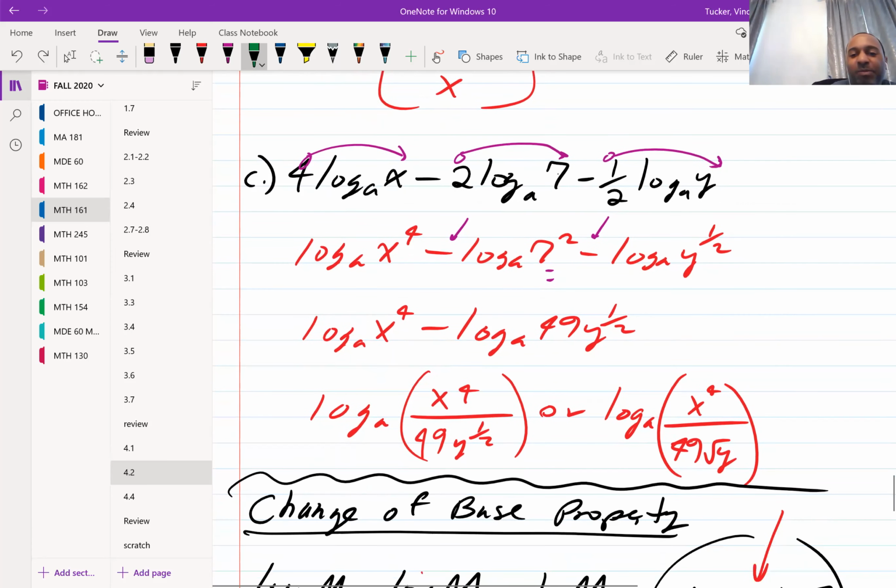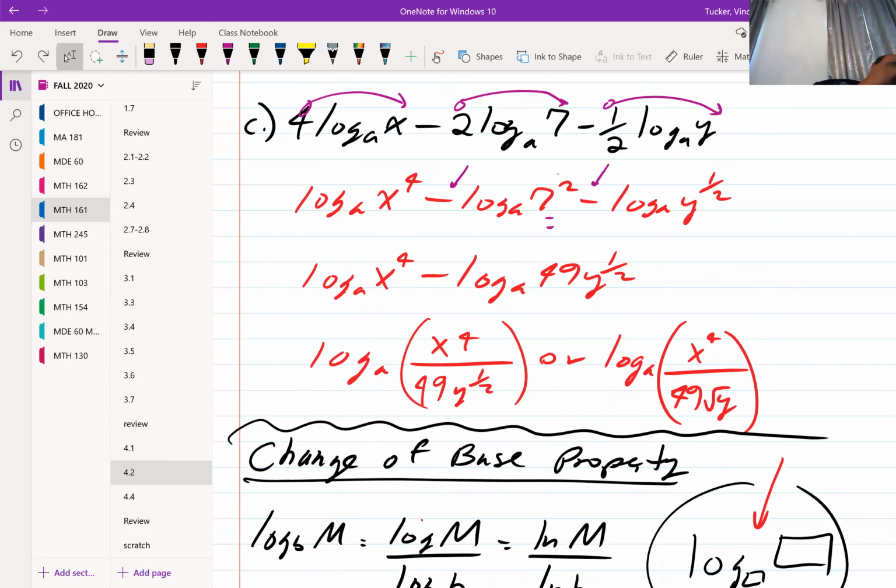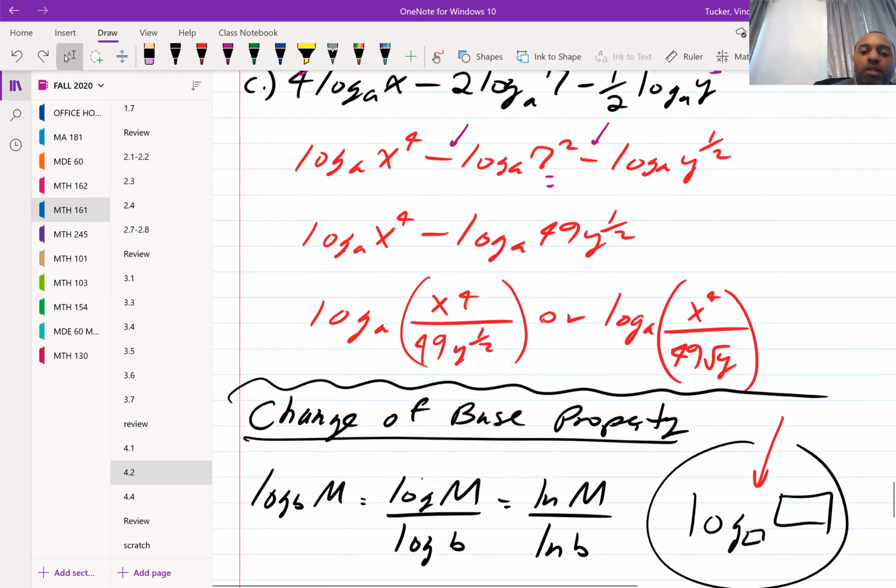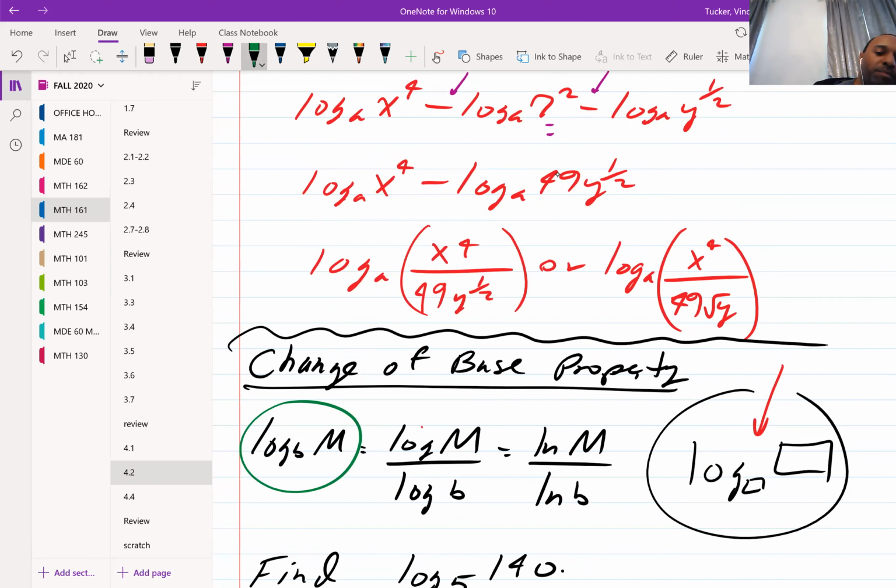All right. So last thing out of this section, change of base theorem or change of base property. Says if you have the log base b of m, then that will be equal to log of m over log of b, or natural log of m over natural log of b.